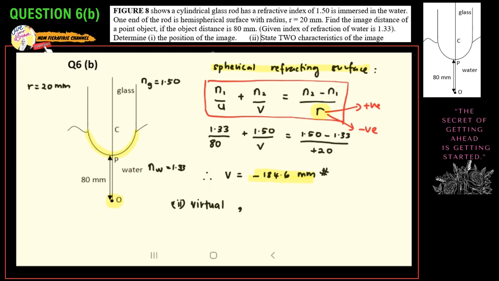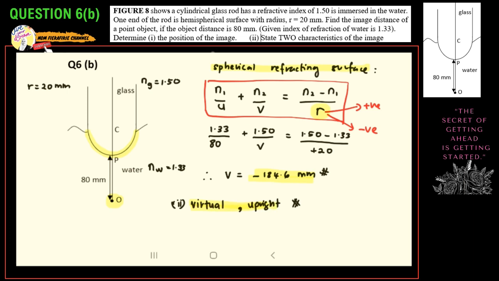And second one, since we know that all virtual images are upright and all real images are inverted, so we can write, since this is a virtual image, it will be an upright image. Okay, so finish question 6B.